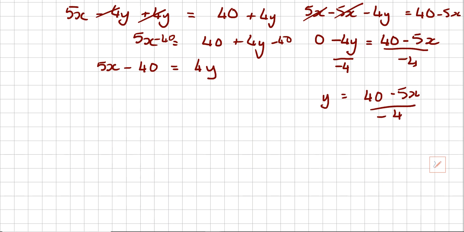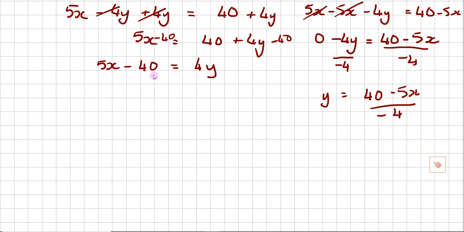Okay? This one I would have divided by 4. Now, I hope I'm not confusing you by doing it both ways, but hopefully you're picking up on whichever way you did. So I end up with 5x subtract 40 divided by 4 equals y, or I end up with y equals 40 minus 5x divided by minus 4.